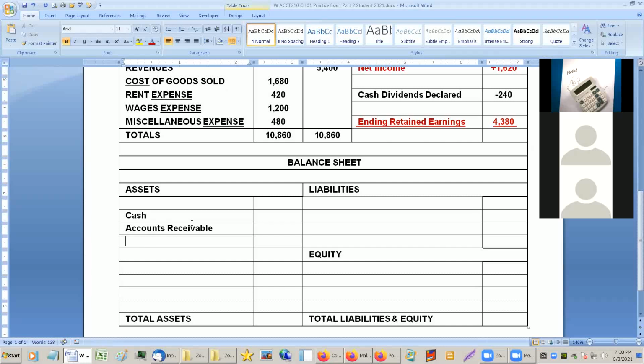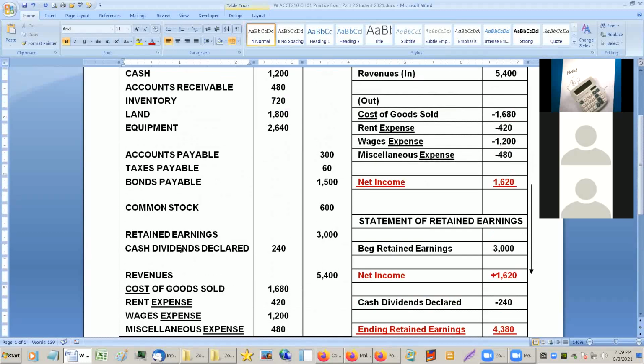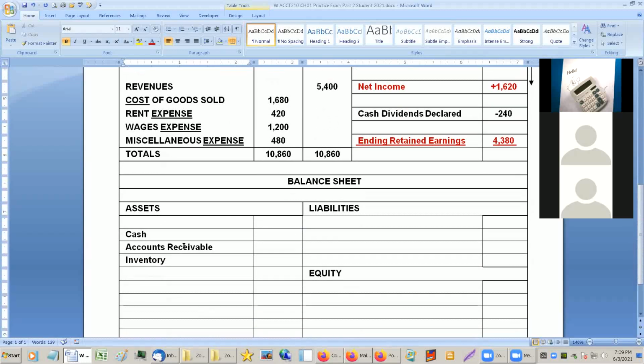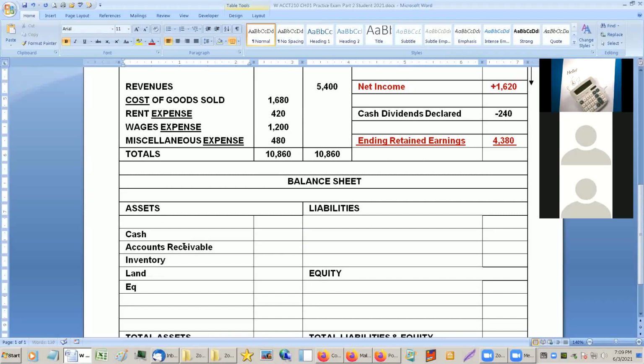Yeah, accounts receivable is an asset because it's going to turn into cash. Okay.